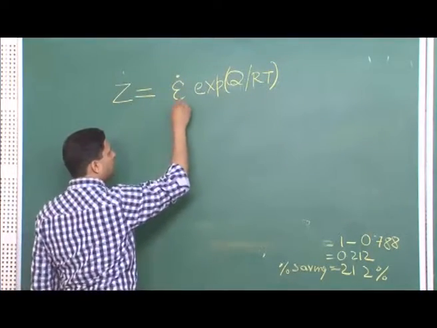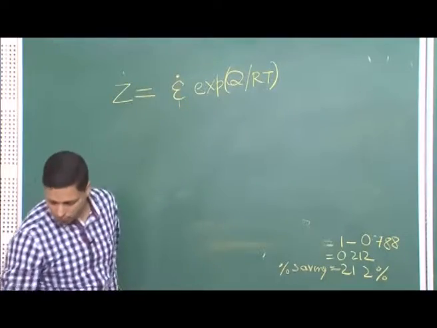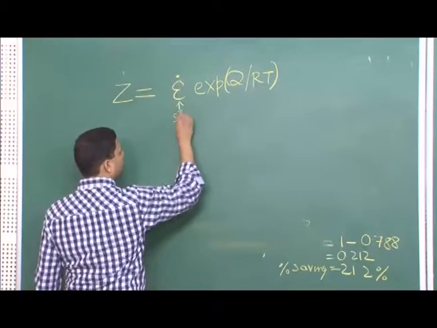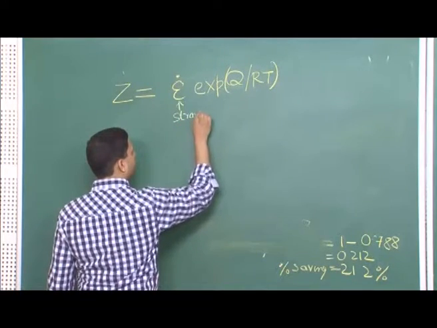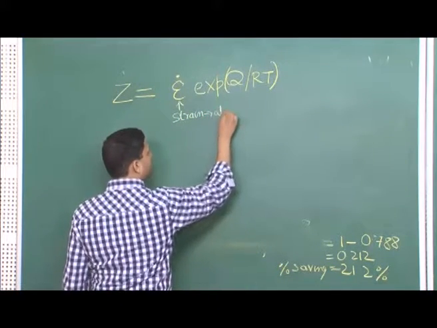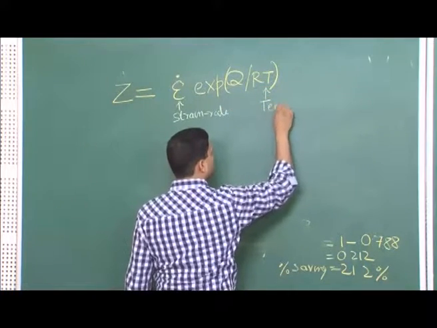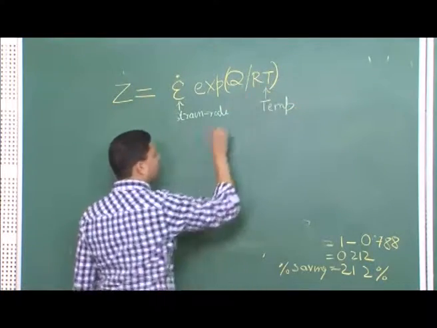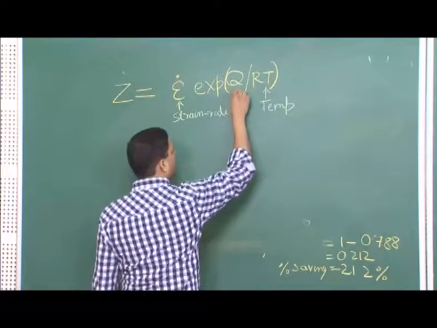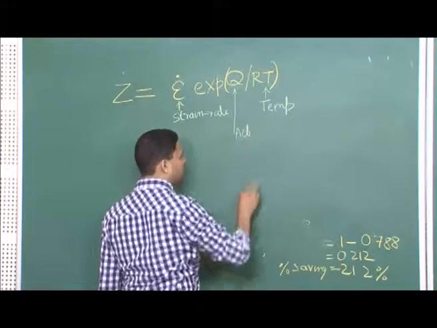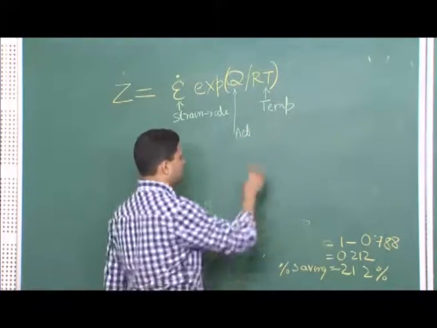so, this is your usual strain rate. This is your temperature, this is your gas constant, and Q is the activation energy for the phenomenon that is leading to the mass transport.